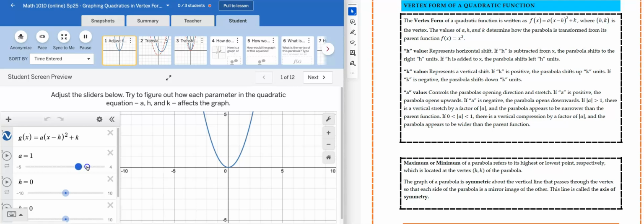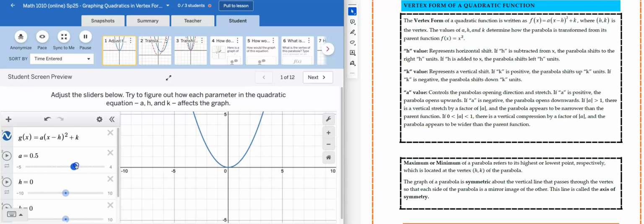So notice what happens when I slide this and make the numbers bigger. What do you see happening? It gets thinner. Yeah, it's getting skinnier, right? As the number gets bigger, it's getting skinnier and skinnier. And then look at what happens between 0 and 1.